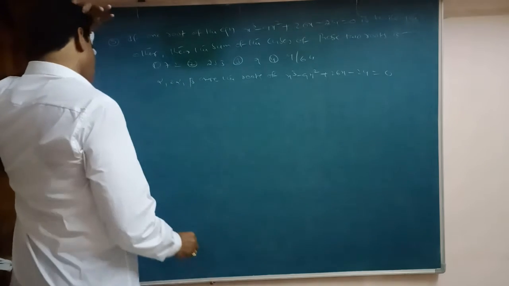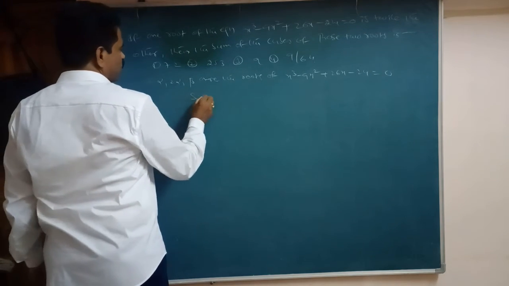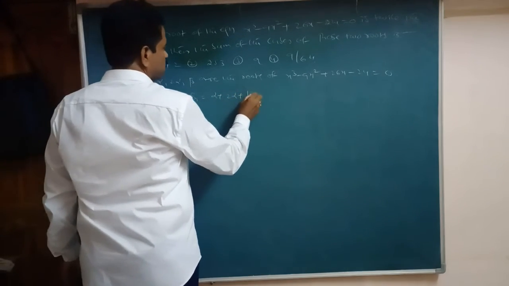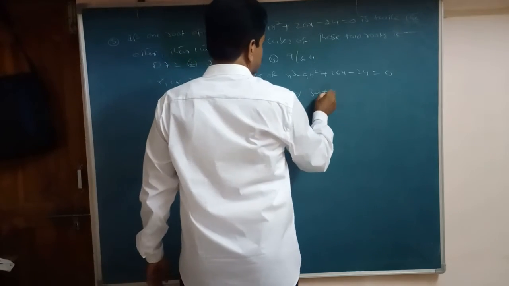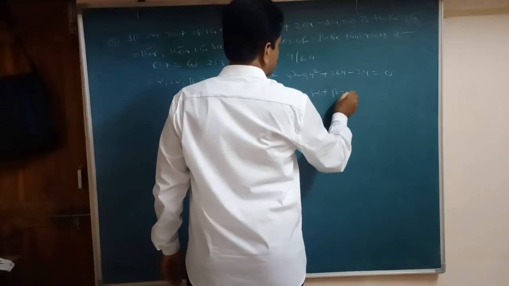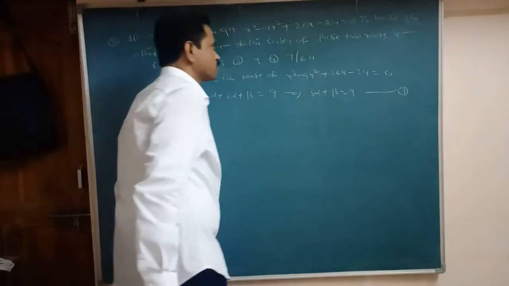So S1 equal to alpha plus 2 alpha plus beta equal to 9. So that is 3 alpha plus beta equal to 9. Suppose this is the first equation.